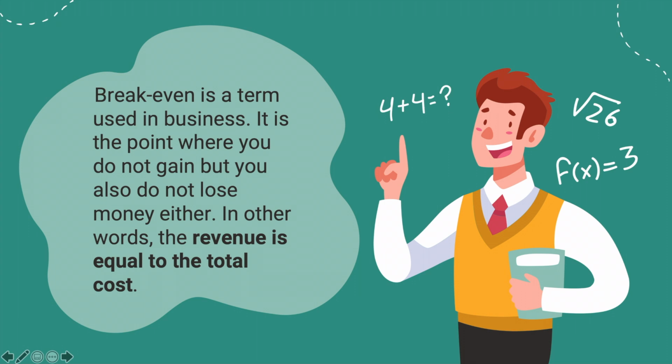Para kang bumili ng sapatos na worth 2,000 pesos, tapos binenta mo siya ng 2,000 pesos din, so wala kang tubo. Parehas lang yung revenue mo sa gastos mo. So meaning, binili mo siya ng 2,000, binenta mo siya ng 2,000, wala kang tubo. So, that is break even.